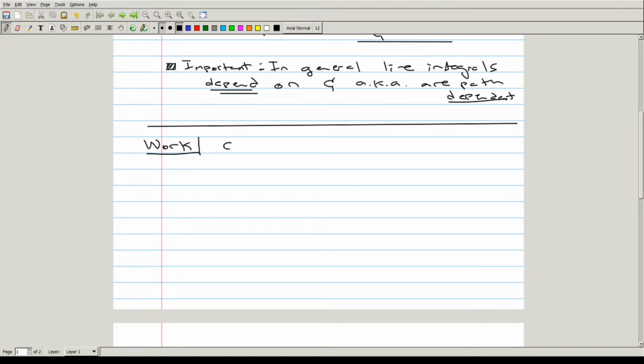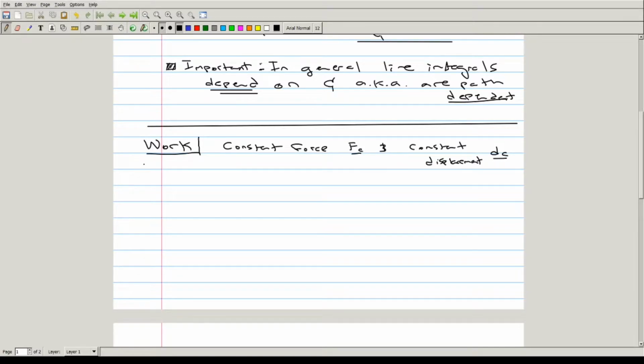So for a constant force, call it FC, and a constant displacement, we'll call this DC.